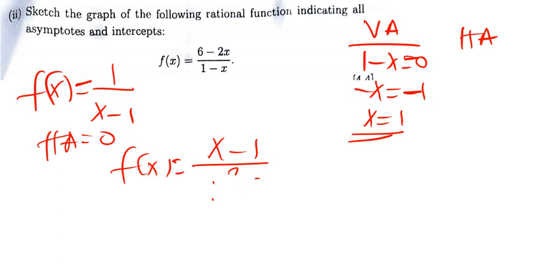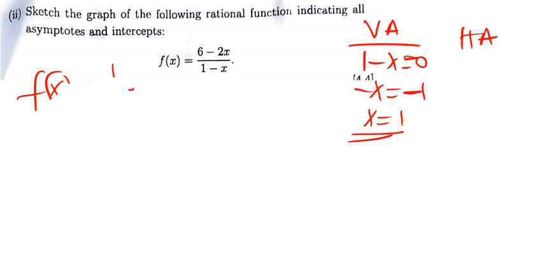But in a case where the denominator and the numerator have the same degree of x, then you divide the coefficient. Here I have got x, here I've got x. So the degree of x, they are the same. Divide the coefficient. Negative 2 divided by negative 1 is going to give me 2.